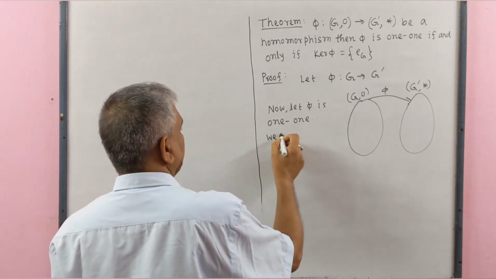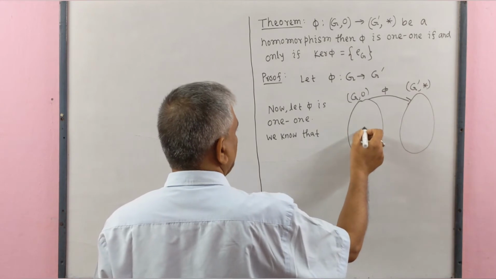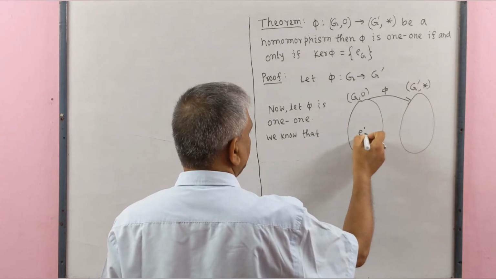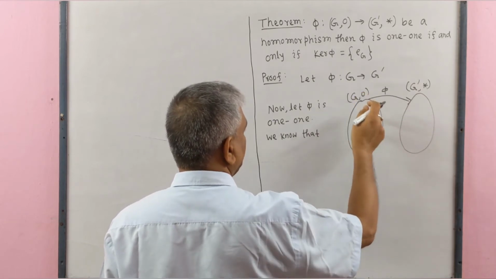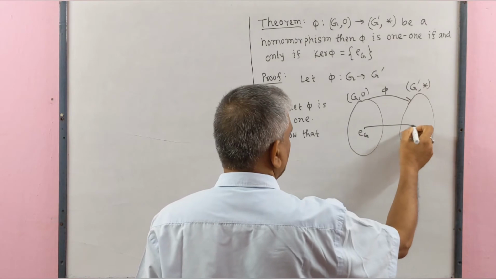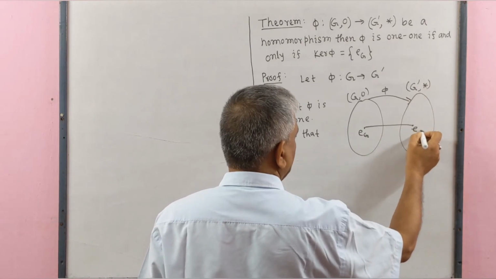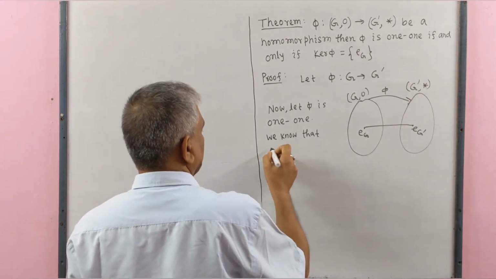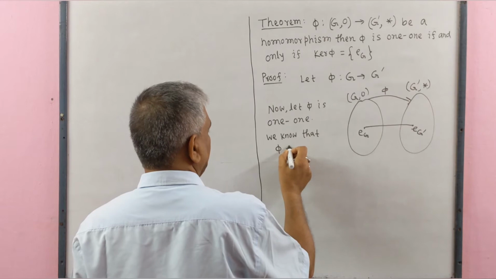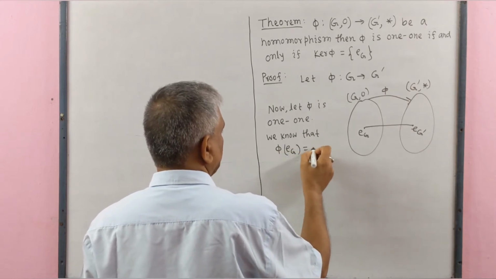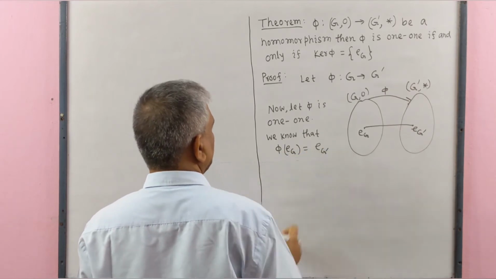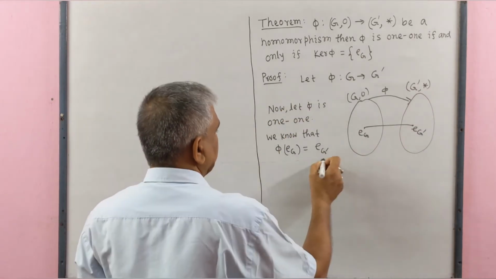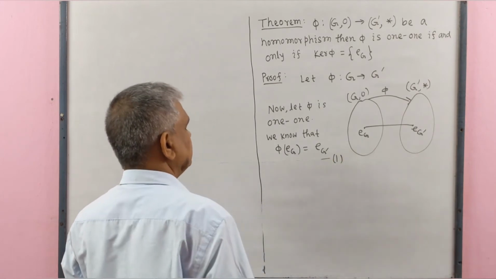We know that the homomorphic image of the identity element of group G is the identity element of G prime. Phi of EG equals EG prime, since phi is a homomorphism. This is number 1.